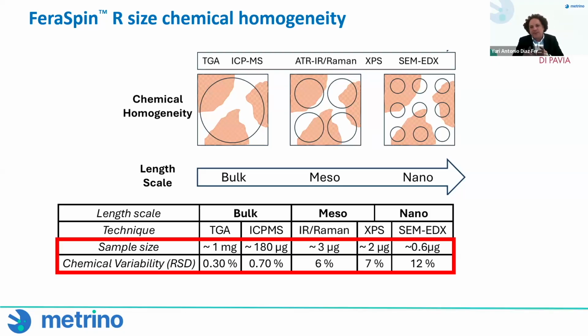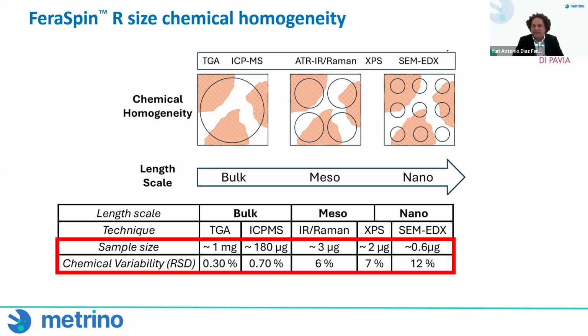If you are trying to assess homogeneity of an injectable vial that is a few milligrams, then you can rely on TGA or ICP-MS, which are bulk techniques that analyze a relatively large amount of sample.